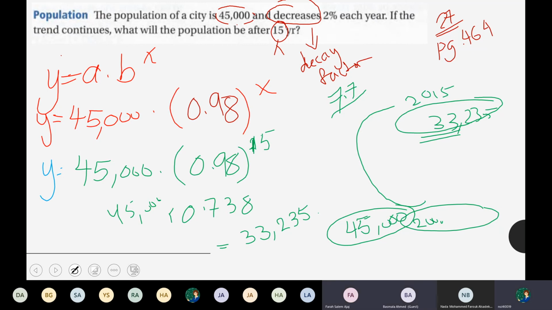Okay. Miss, can you tell me what is the answer for 13, the final answer? Because I didn't complete it. y equals 15,000 multiplied by 1.04 to the power 25.